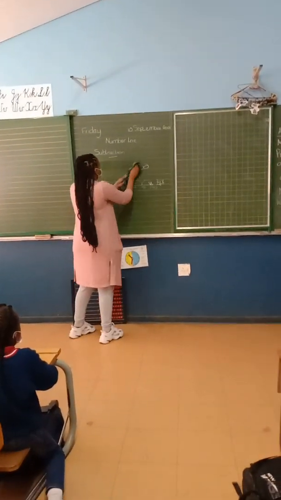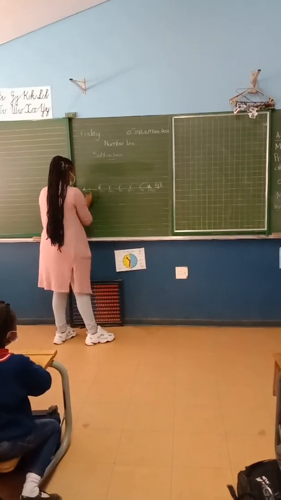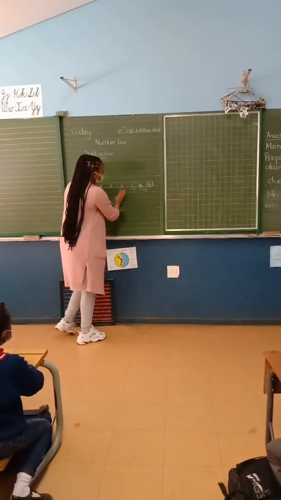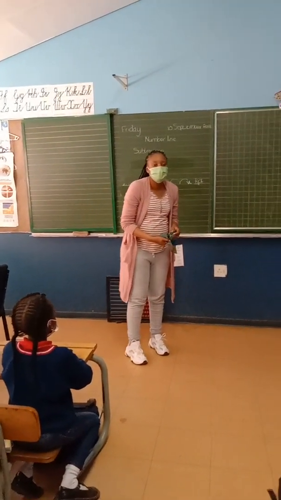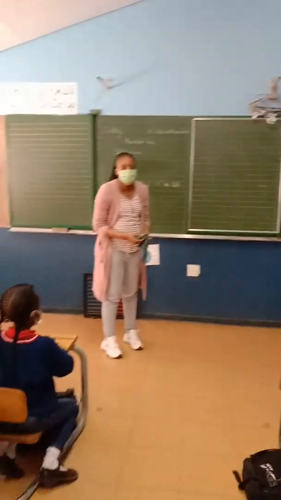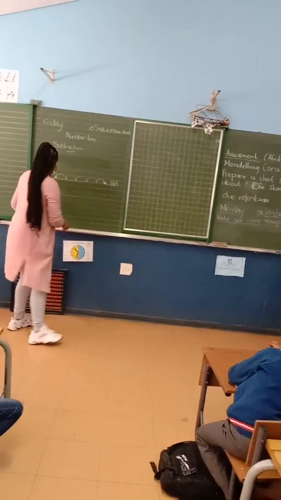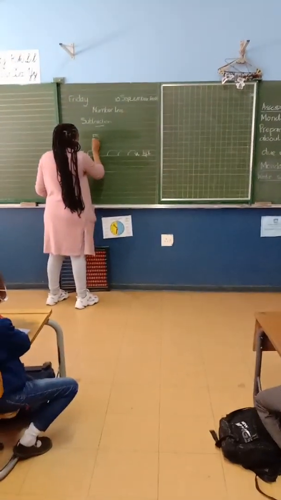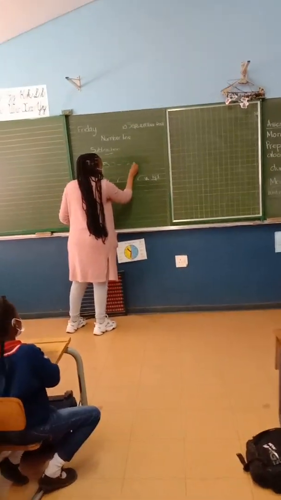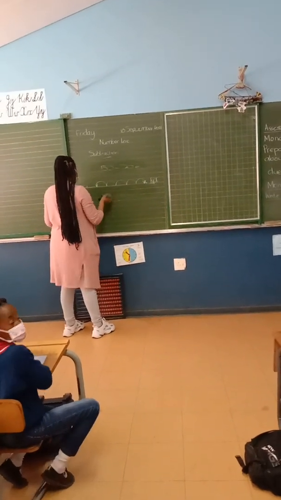Okay, let's do another one. Give me a sum. What numbers can we use? 50 minus 20. Okay, we have 50 minus 20.